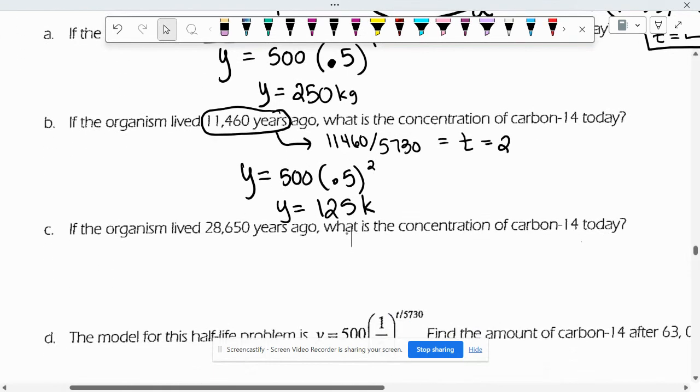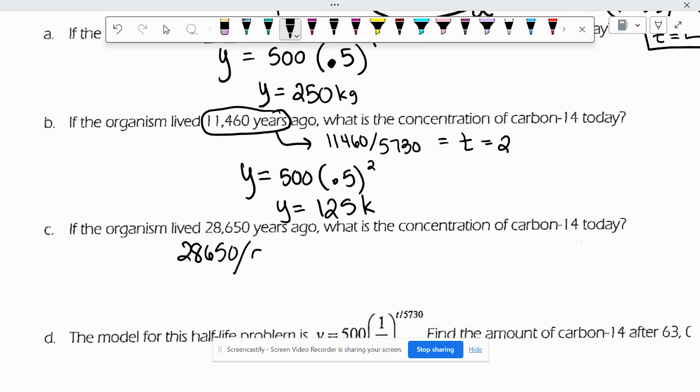Okay. If the organism lived for 28,650 years, so take 28,650 years and divide it by the 5,730, and let's figure out how many time cycles that is. T equals 5.